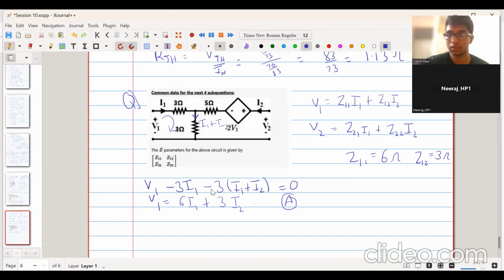Any doubts in this? Okay, fine. Now we'll apply KVL in loop 2.